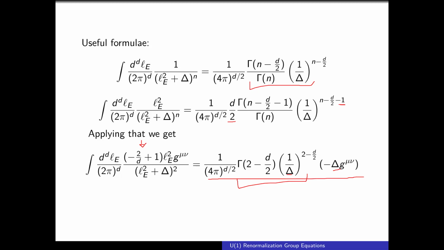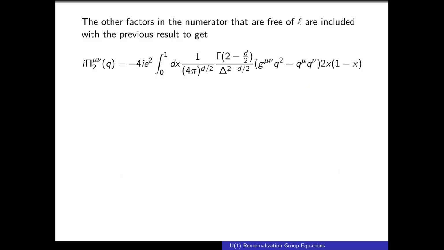This is important for the next step in the calculation, which is the rest of the terms in the numerator that have no dependence on L. And so we can rearrange, going through, and we can get this term here. This is what it simply reduces down to. So this is the only structure, and you can see that if you do the Ward identity, which is multiplying by an overall Q, this term should vanish.